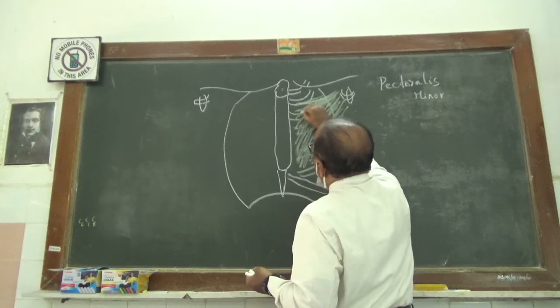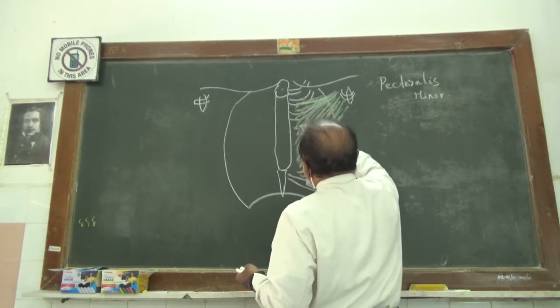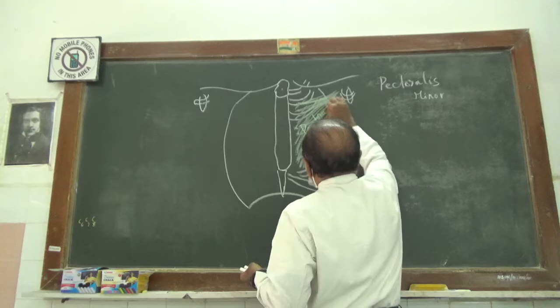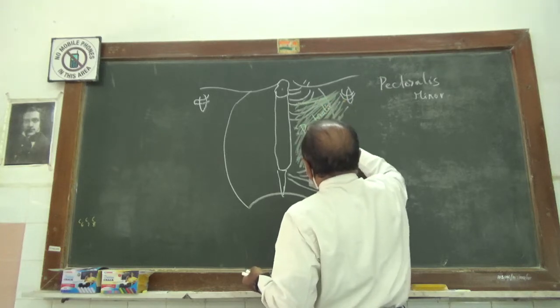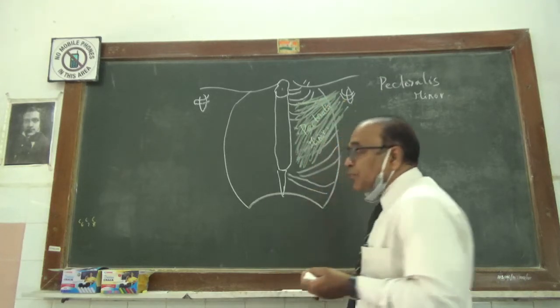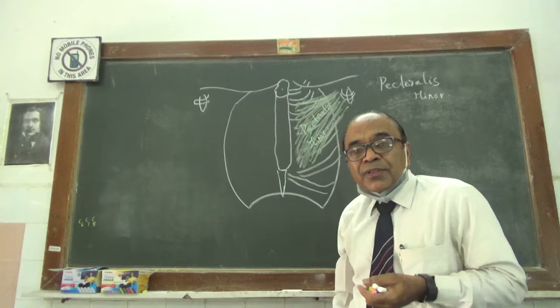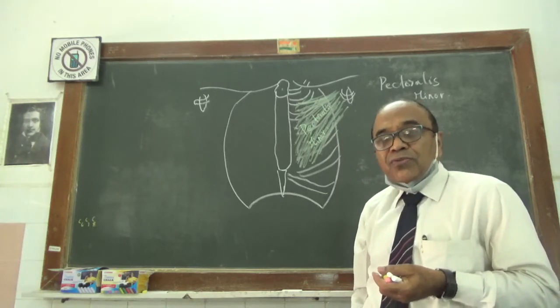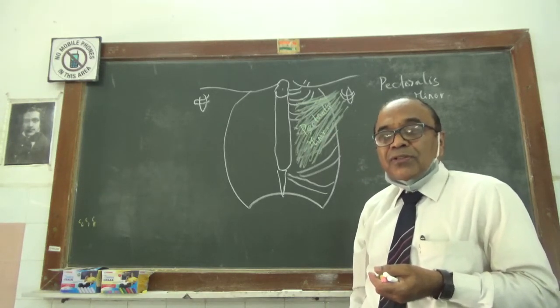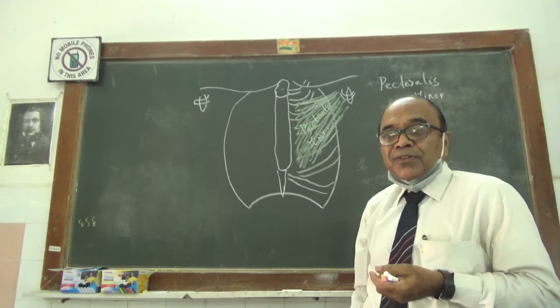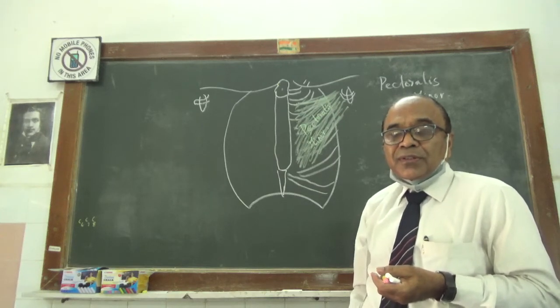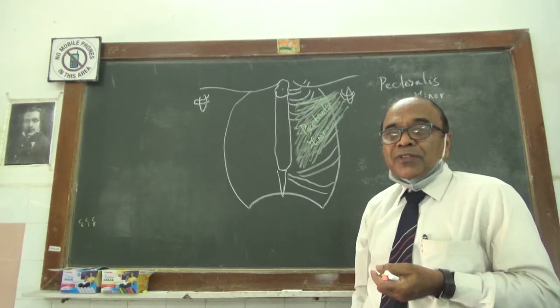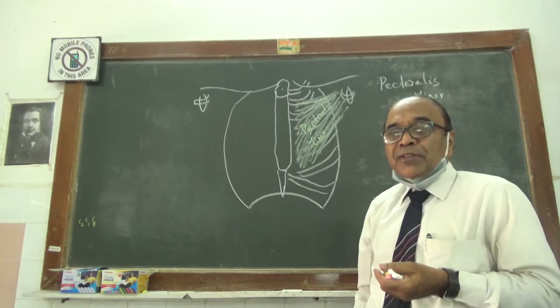It forms the bed of the breast along with pectoralis major, deep fascia of the pectoral region, as well as the retro-mammillary space.